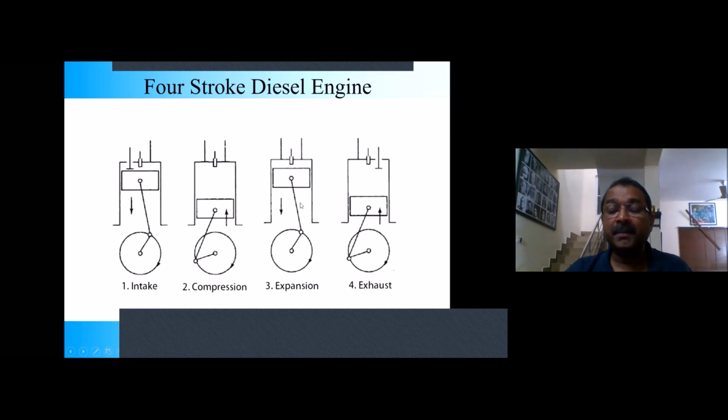After the power stroke or expansion stroke, you will be opening up the exhaust valve and pushing the piston to its initial position, that is top dead center, so that the debris inside, smoke and all those things, will be kicked out. So the unit is again ready for the operation. So this is the very basic operation of a 4-stroke diesel engine.